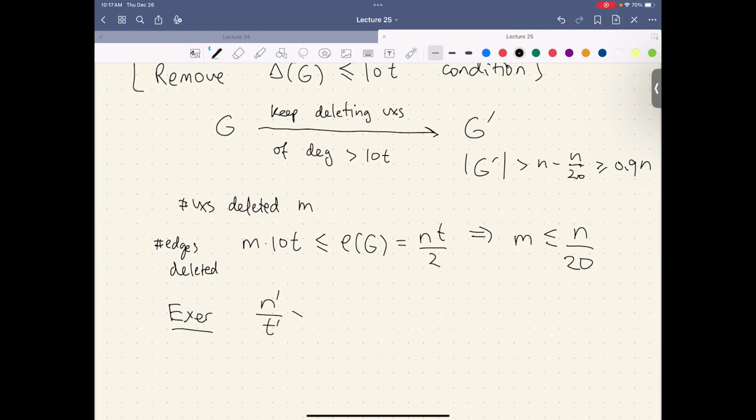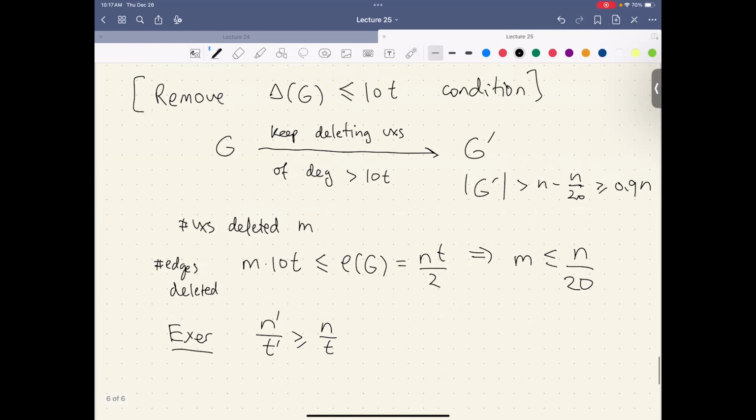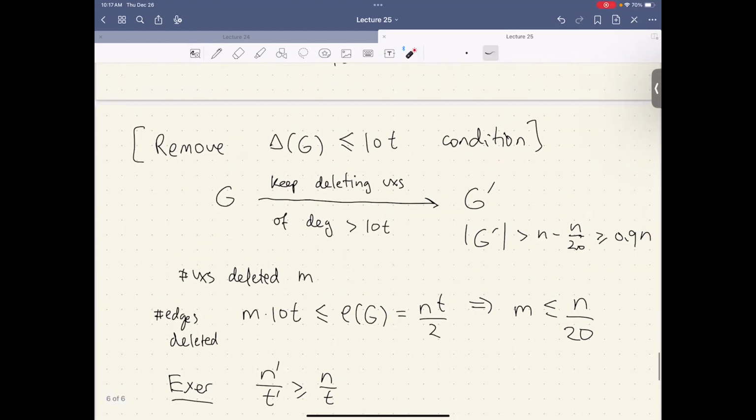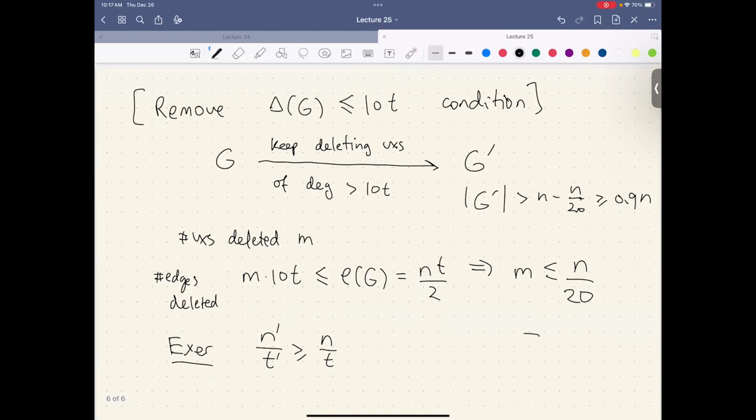So n prime over t prime is at least n over t when you do this deletion. Good. You simply start with G prime at the beginning of the proof instead of G. That's it. Any questions?